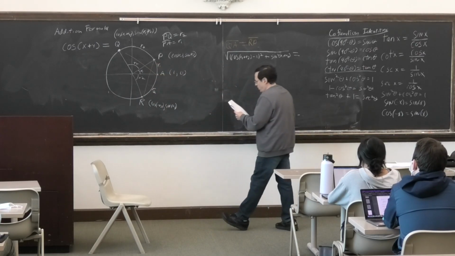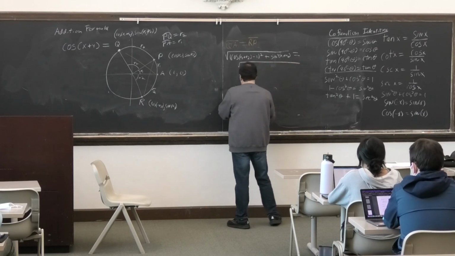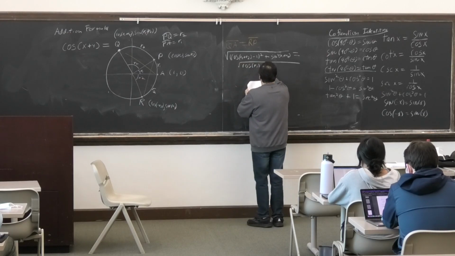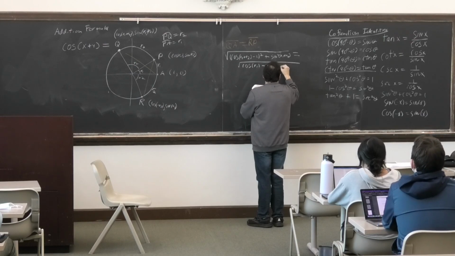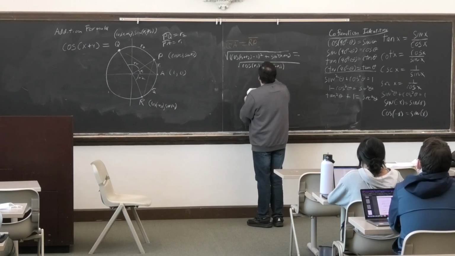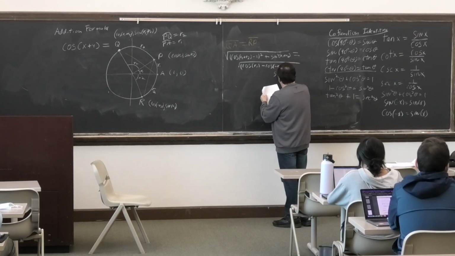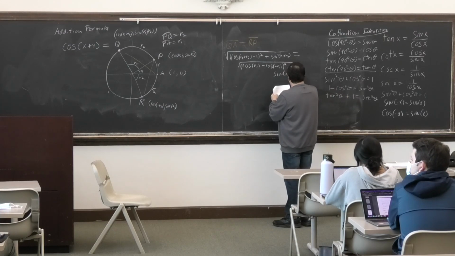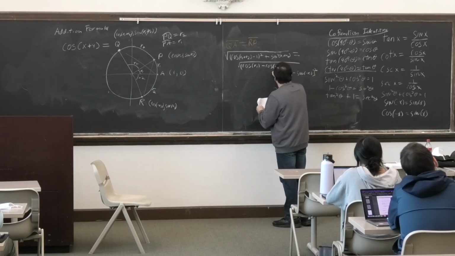PR, well, that's going to be square root of cosine R1 minus cosine negative R1 squared plus sine of R1 minus sine of negative R1 squared.